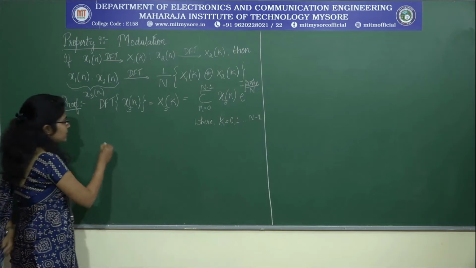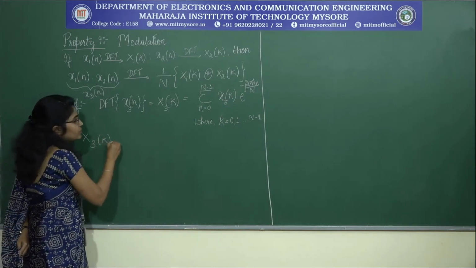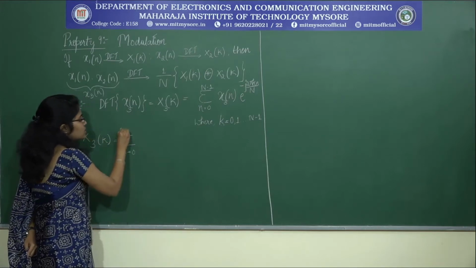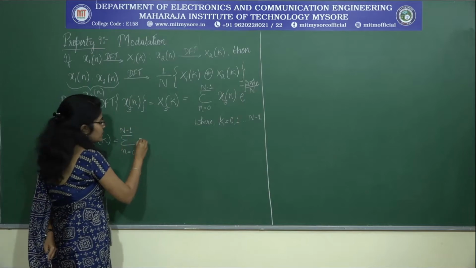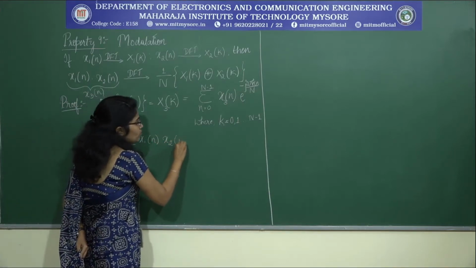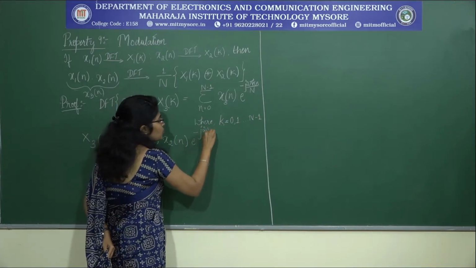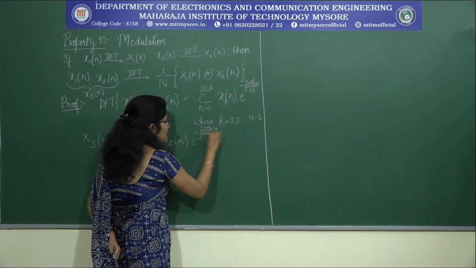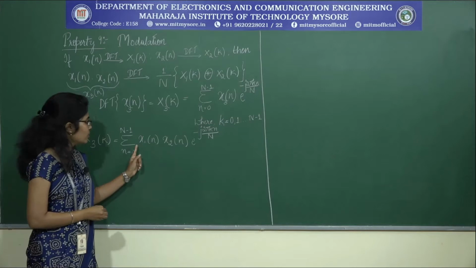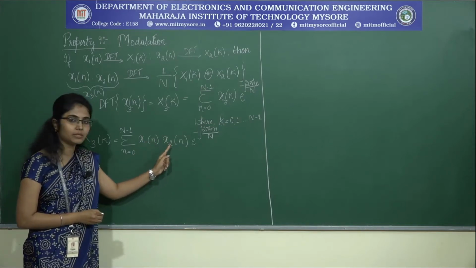So if I make the substitution, X3 of k will be equal to summation n ranges from 0 to N minus 1, x1 of n into x2 of n into e power minus j 2 pi k n by N. Now looking into this equation, x1 of n and x2 of n are nothing but sequences.